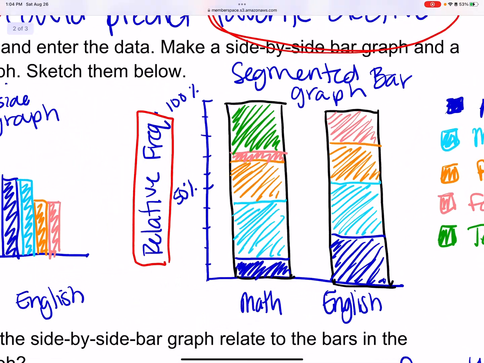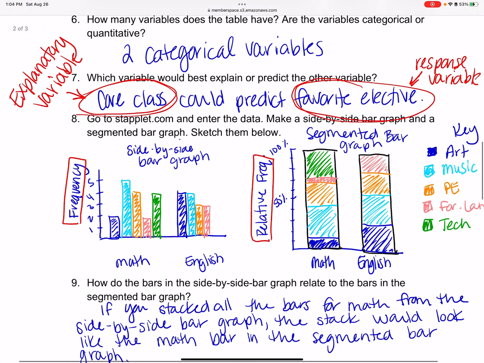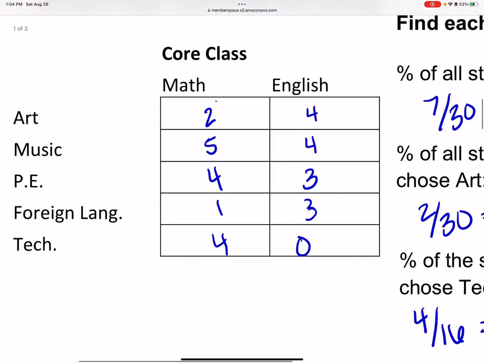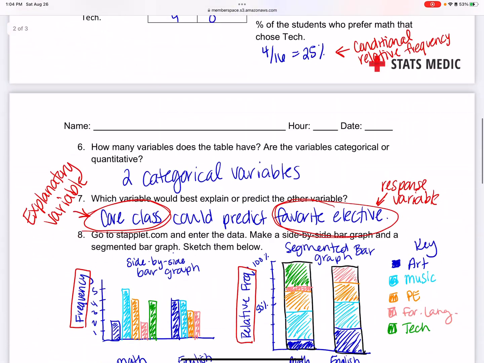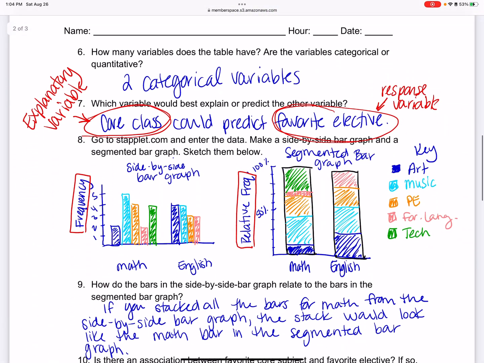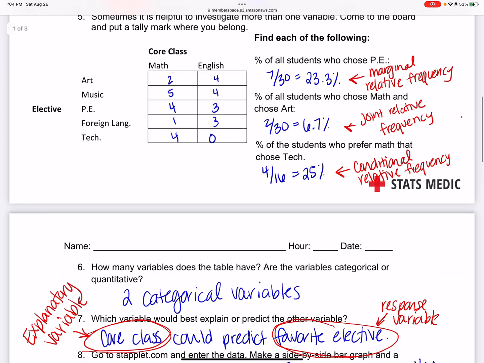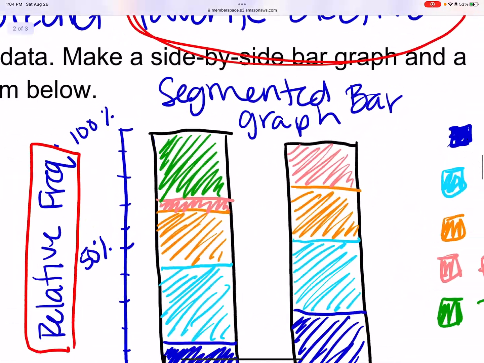And I need to use my relative frequency of math. So I go to math and I say, okay, let's look at art. And I see math, art, remember this is over 16, so 2 divided by 16, and that's going to get me 12.5%. So that's art, color it. And then I look at technologies, 4 over 20, which is 25%.